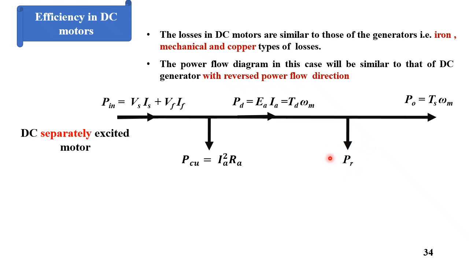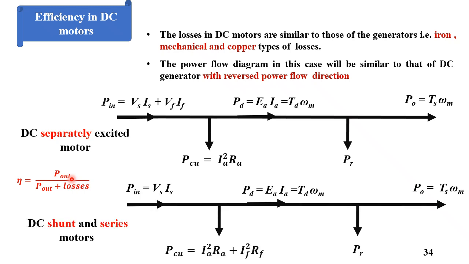We have the mechanical losses, which are the rotational losses, the friction and windage losses in the bearing and the brush contact with the commutator, and the windage from the rotation of the rotor and the fan. We have the output power, which is the mechanical power, which is the shaft torque times omega motor. The efficiency equals power output divided by power input, which is equal to the power output plus the total power losses.